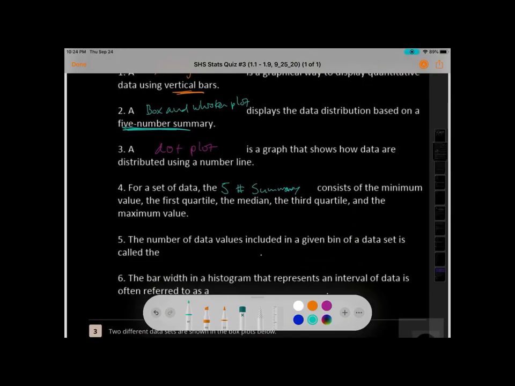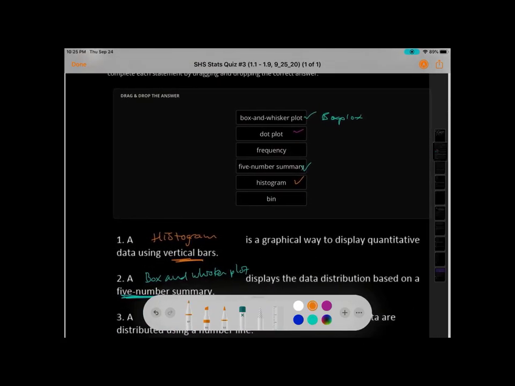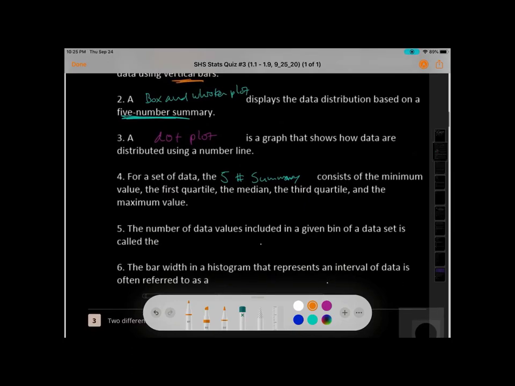The number of data values included in a given bin of a data set is called the number of data values. So you're counting. Count is a frequency. So frequency is your answer.